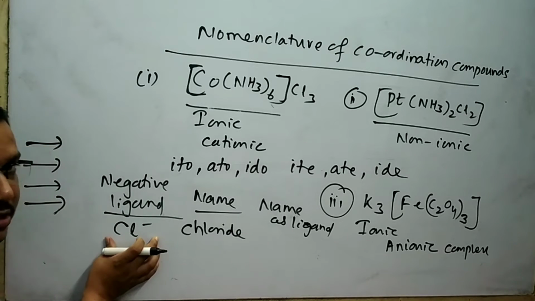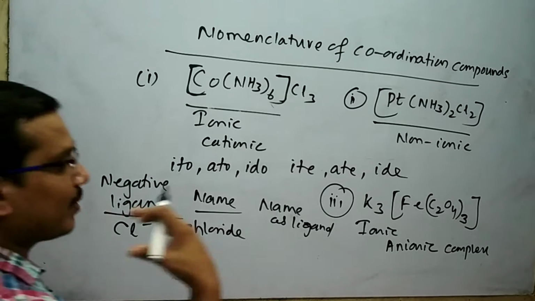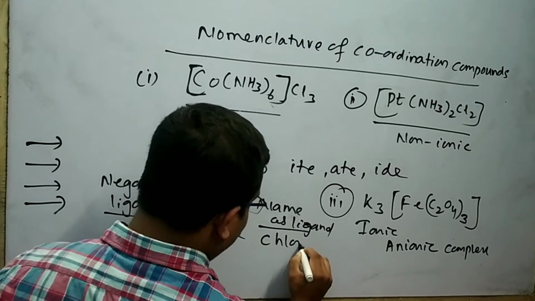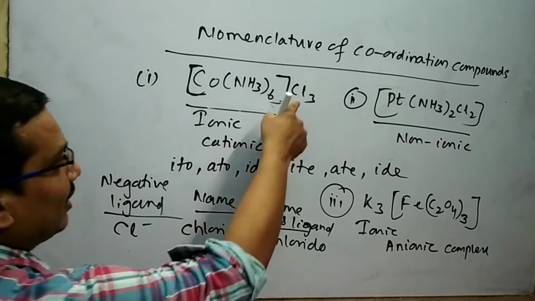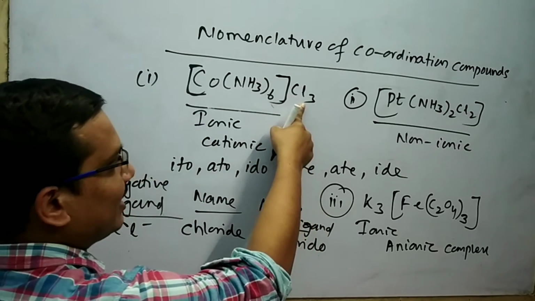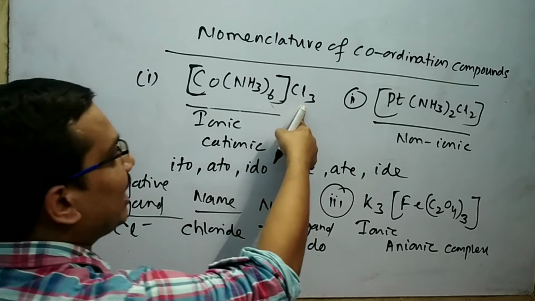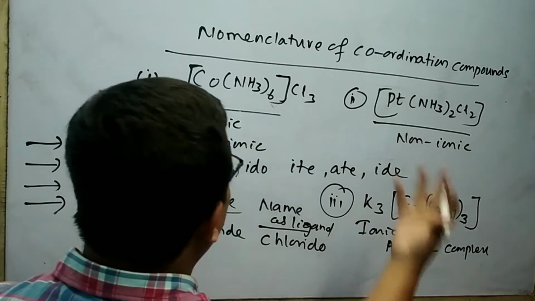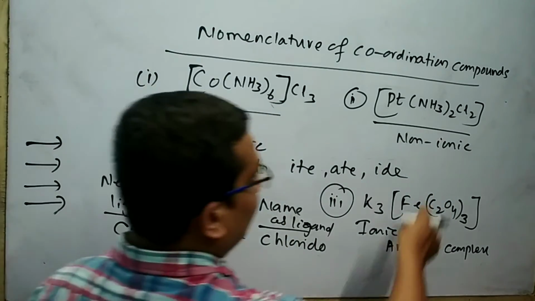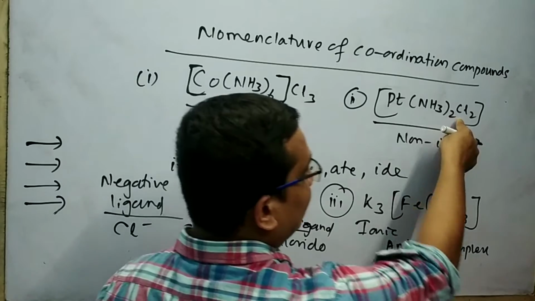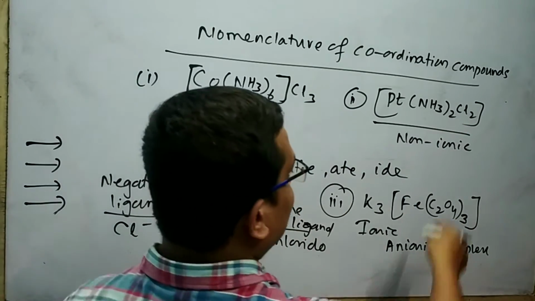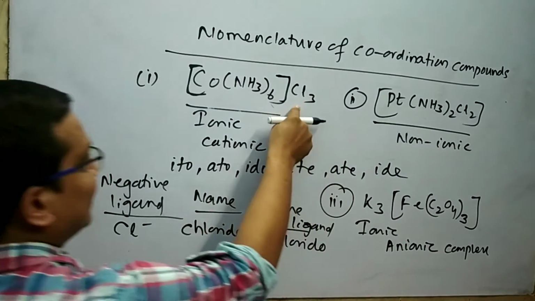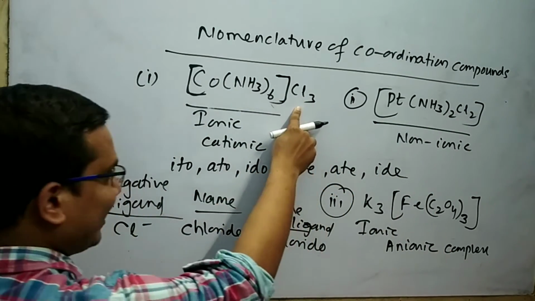If Cl− is used as a ligand, then it is named chlorido. Look at that. Here Cl− is present, but here Cl is not used as a ligand because it is present outside the coordination sphere. Look at that. Here chlorine is used as a ligand. So for this case I can write chlorido, but for this case I can write chloride.